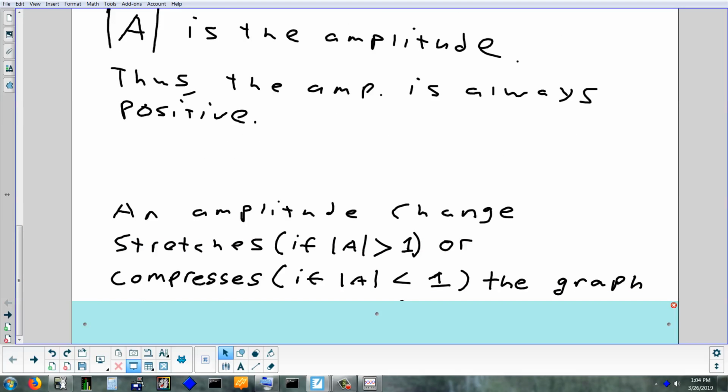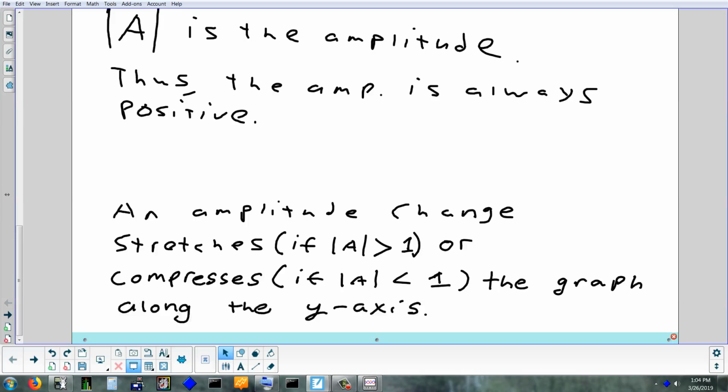If you put a -5 in front, it will still stretch. The negative will do something else, but it will still stretch. If you put a number that's like 1/2, that will compress it. If you put a number like 1/3, that would compress it even more. If you do -1/3, that'll still compress it. But the negative also does something else.